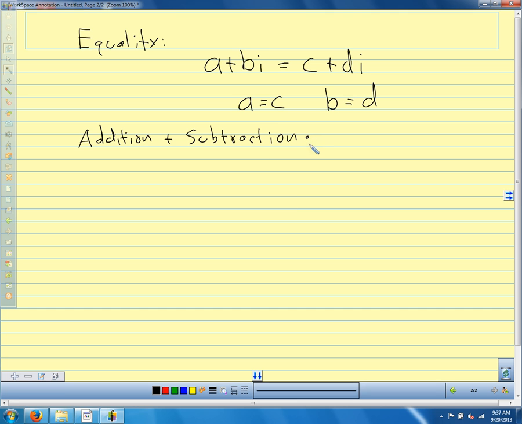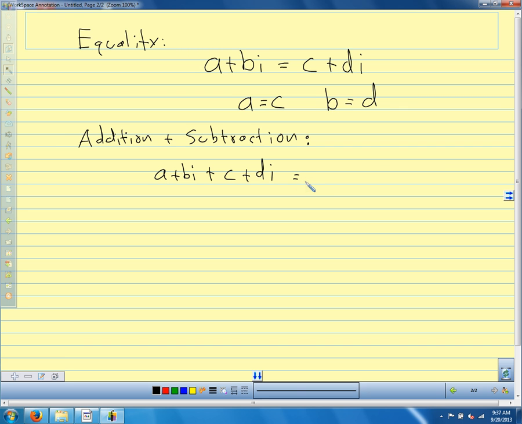Addition and subtraction. So if we want to add or subtract two complex numbers, so let's say a + bi plus c + di, how are we going to add these?